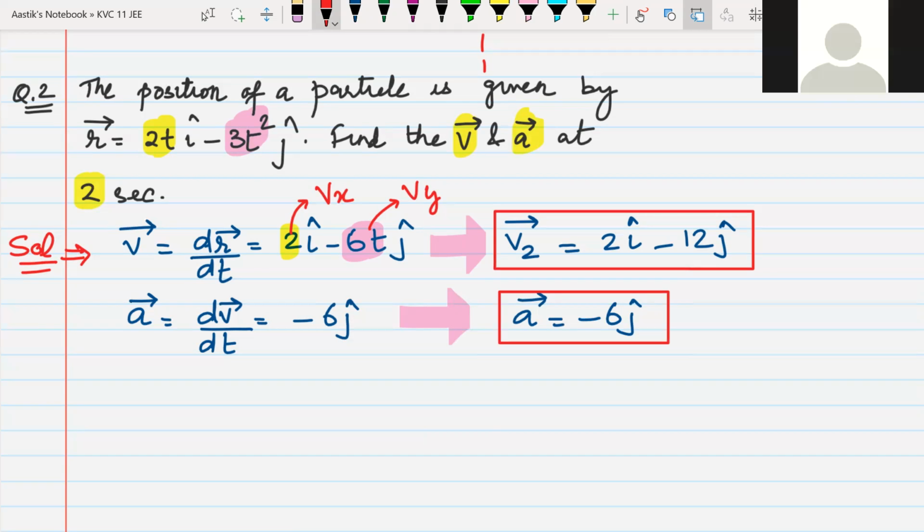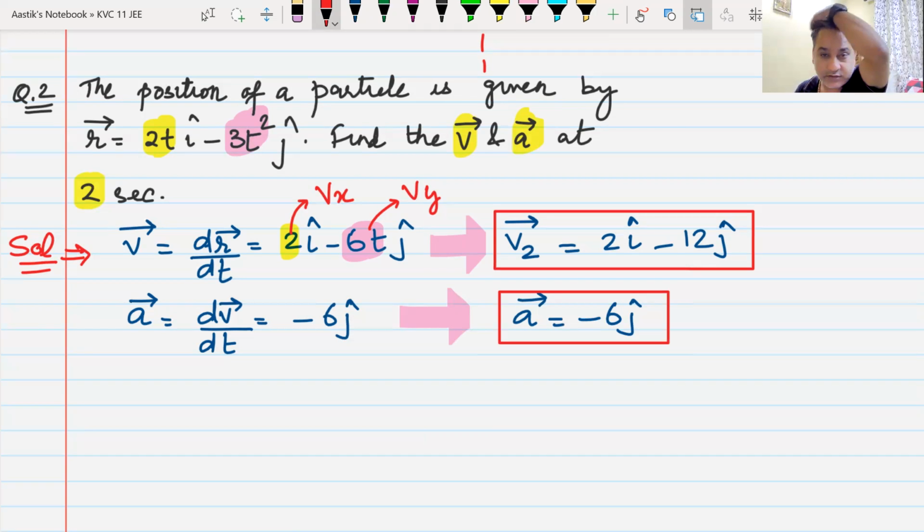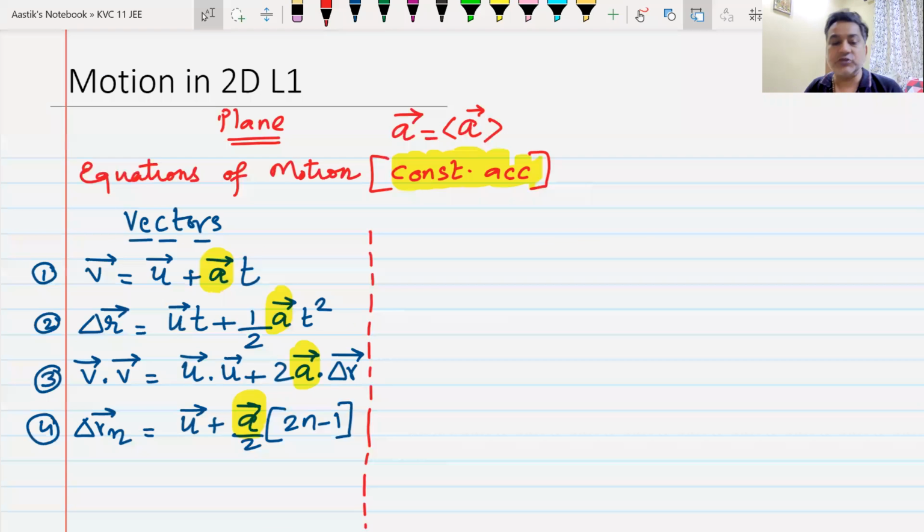Now, as we have done the problem here, we can obviously write all the problems in the form of vectors and then do them. But sometimes writing the question in the form of vectors may look very tedious and time consuming as well. So what we do most of the time is write the equation in scalars instead of vectors. But if we write the equation in scalars, the problem is two: we can only write the equation along one axis, that is problem number 1.